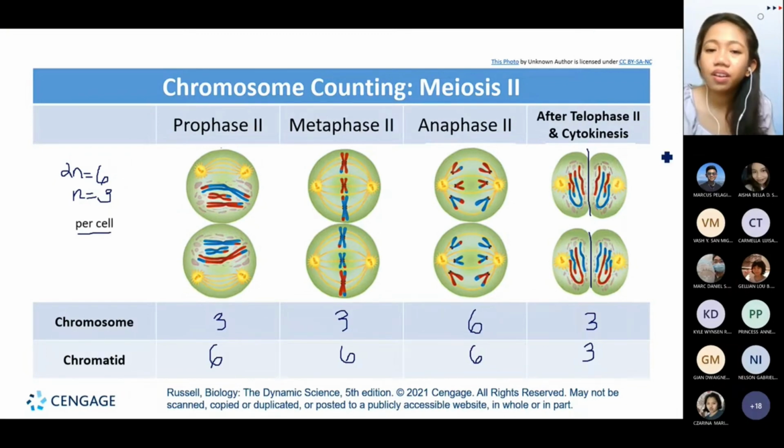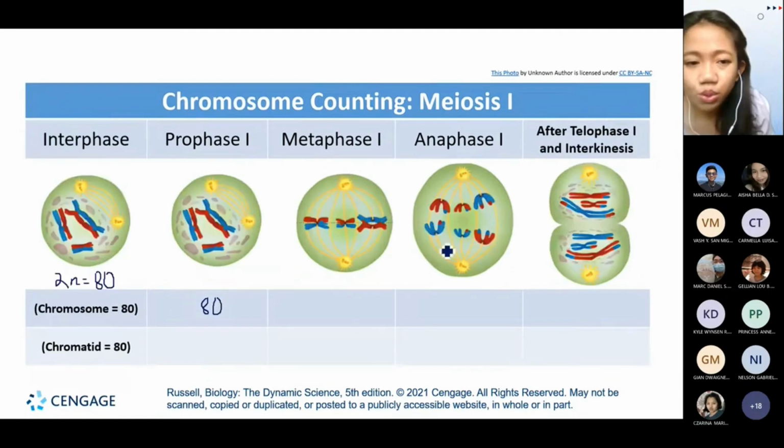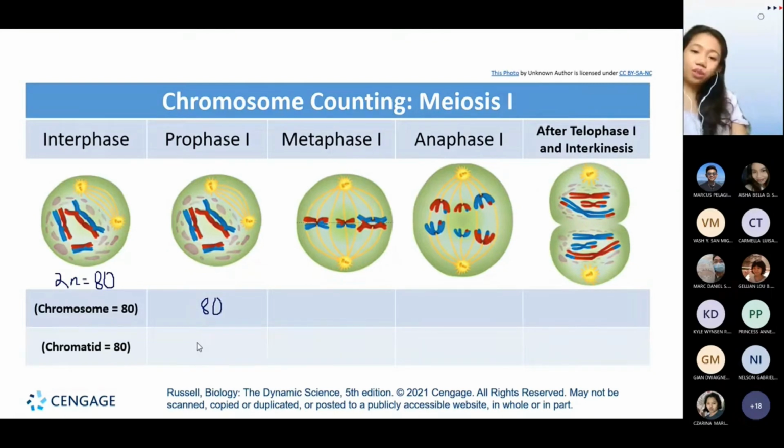Okay. All right, back to 80. So, prophase 1, 80. How many chromatids would there be in prophase 1? Kurt? There will be 160. Yeah, 160. So, just times 2. Okay? So, the same number in metaphase and anaphase, because they did not separate. So, still the same number.